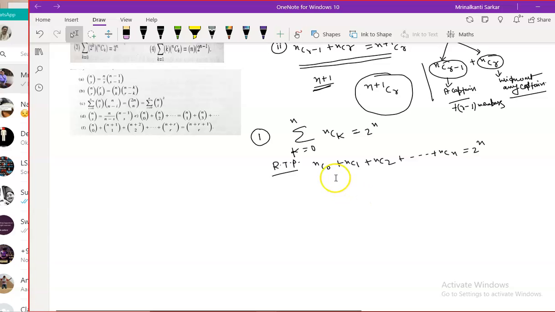So what does nC0 mean? Selection of no object out of n. nC1 means selection of 1 out of n.